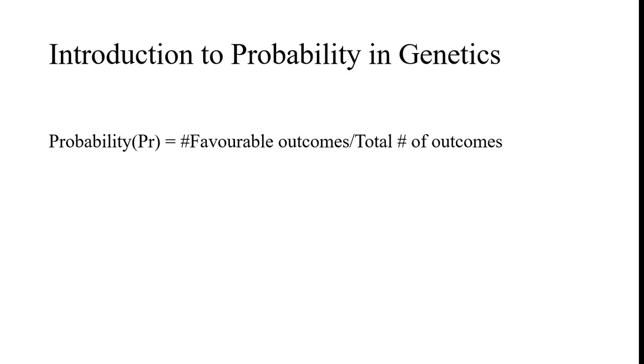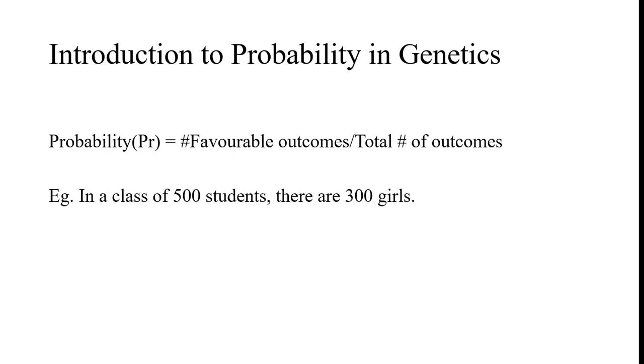For instance, in a class we have 500 students, and say 300 girls. Then the probability of finding a girl in that class would be the total number of girls, which is the favorable outcome, divided by the total outcome, which is 500 students.